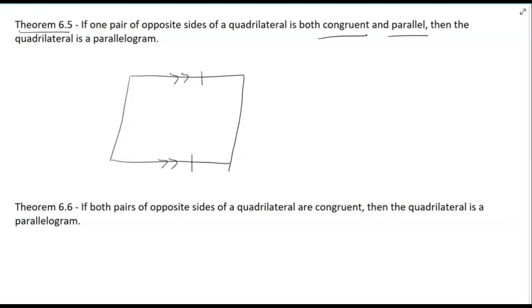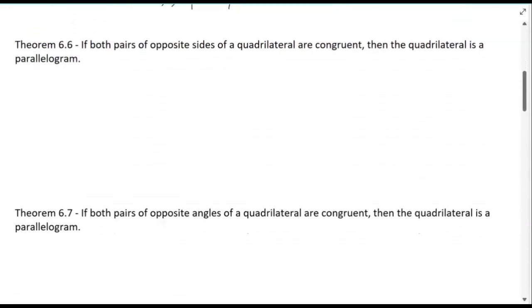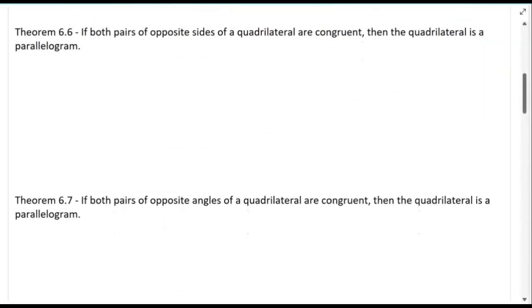It's okay if you don't know that you have two sets of parallel sides. But if you do know that one set is parallel and congruent, then you know that it is a parallelogram. I'm trying not to go too fast, but pause the video if I'm going too fast.